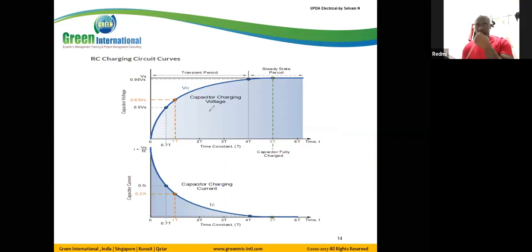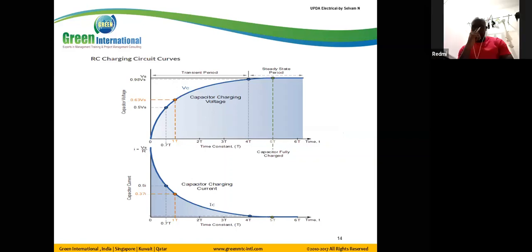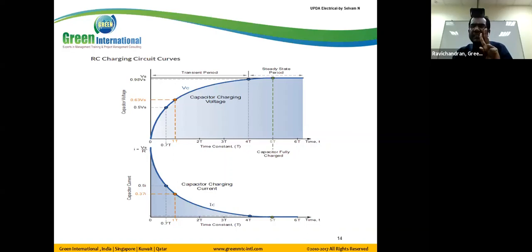Now, just as they are discussing about a charging circuit. In the charging circuit, we have two things. During the charging circuit, we are discussing the charging voltage VC and the charging current IC.